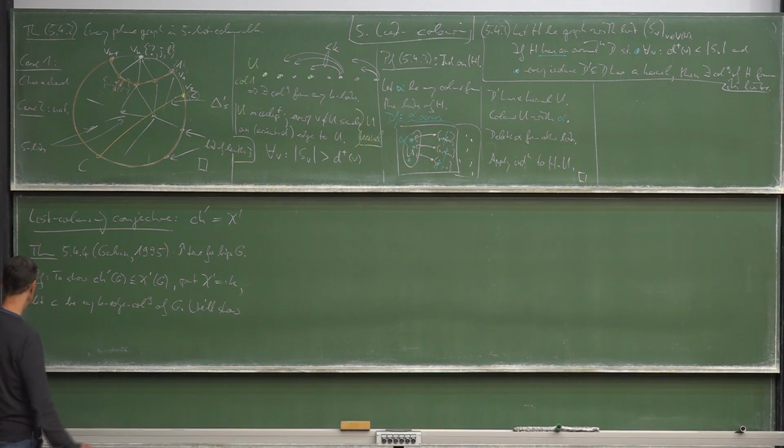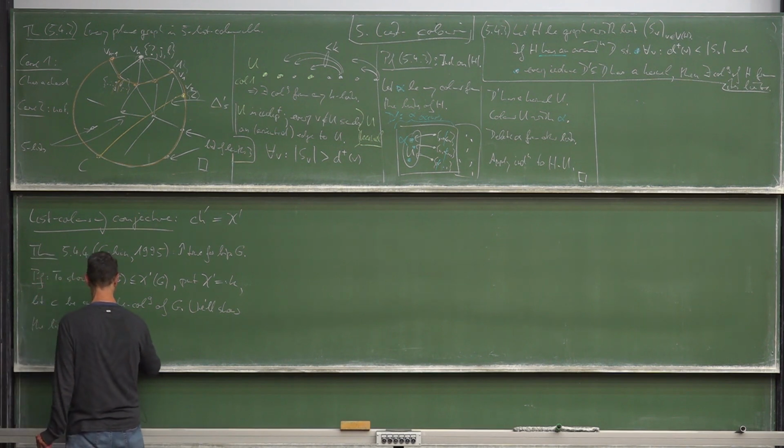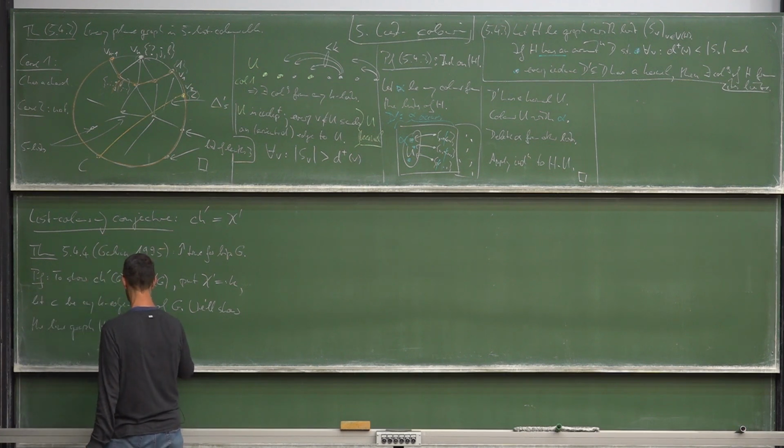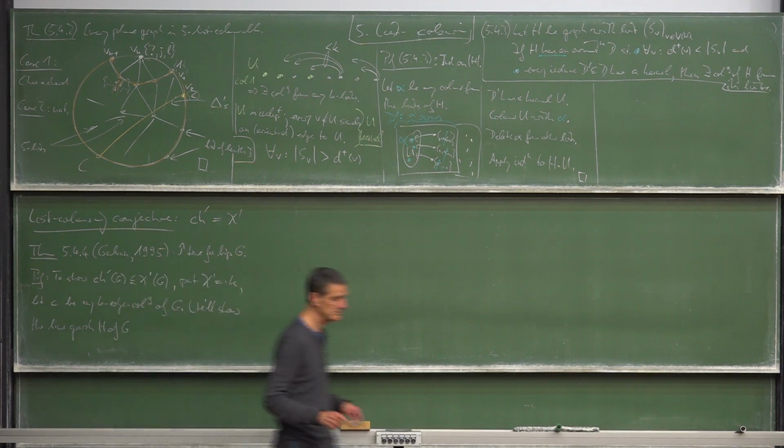So we'll show that the line graph H of G has choice number at most K, but I think I want to say something more special.